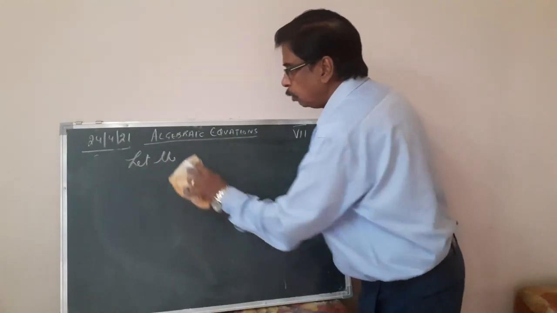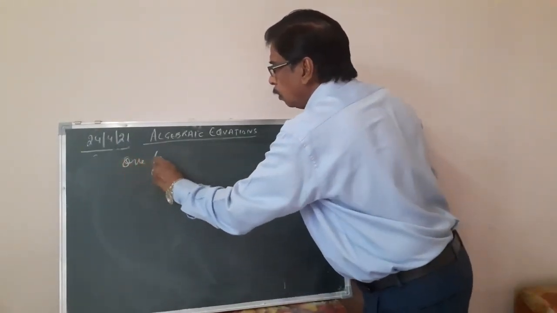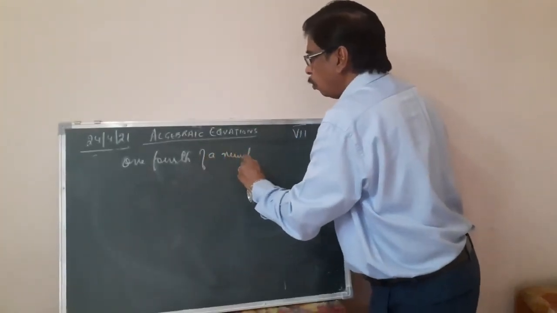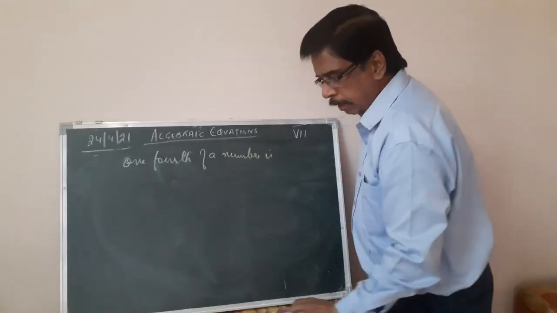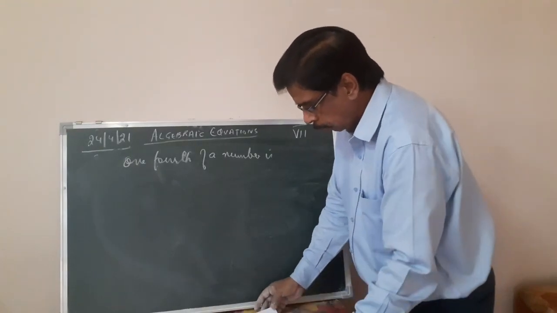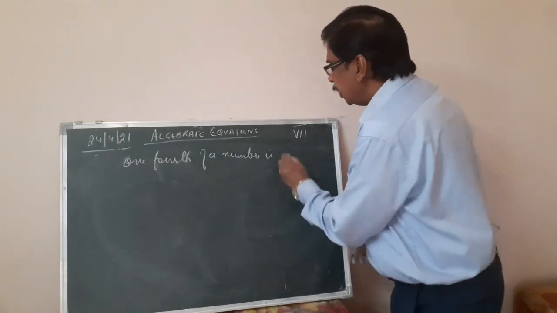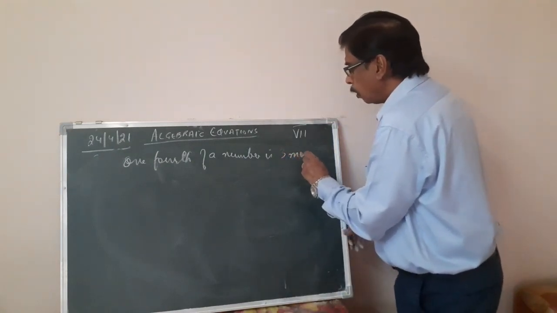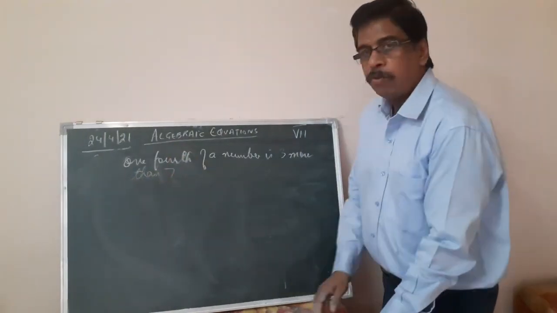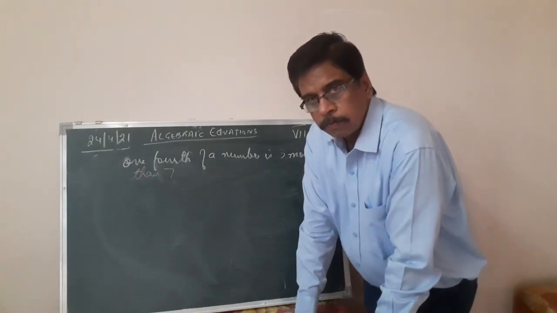I'll write the question first for you so that you'll understand the question. 1/4 of a number is 3 more than 7.